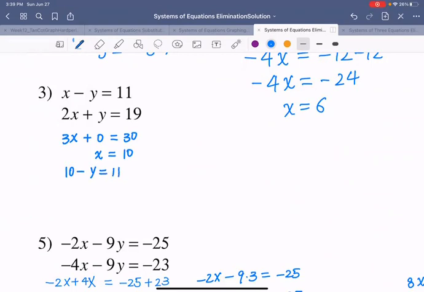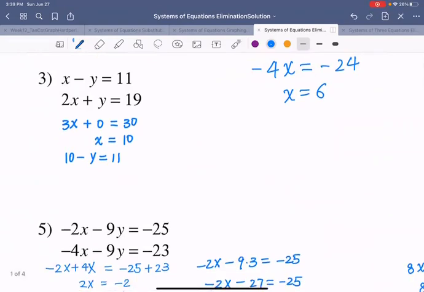Okay, next. You can minus 10. Go ahead, minus 10 for both sides.